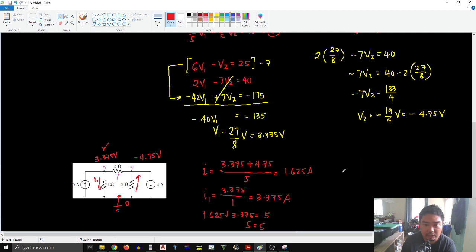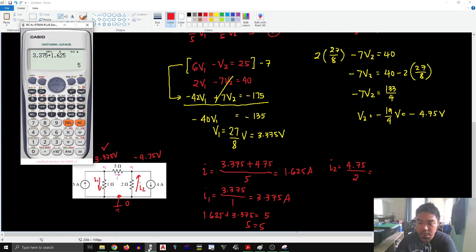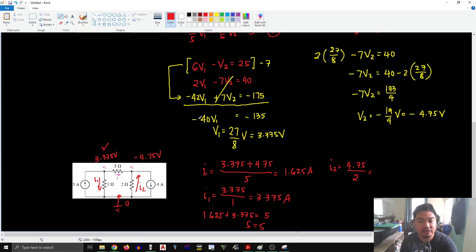So that would be 4.75, that would be our I2. I2 will be 4.75 divided by 2. And this will give you 19 over 8, or simply 2.375.